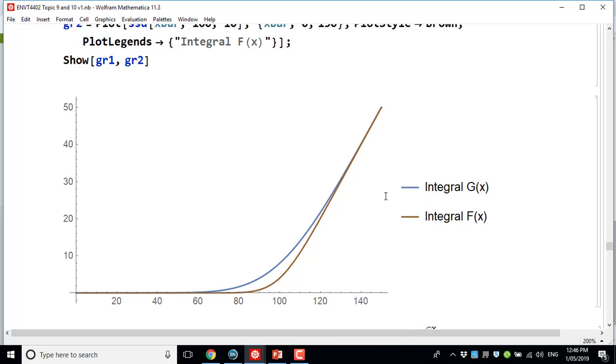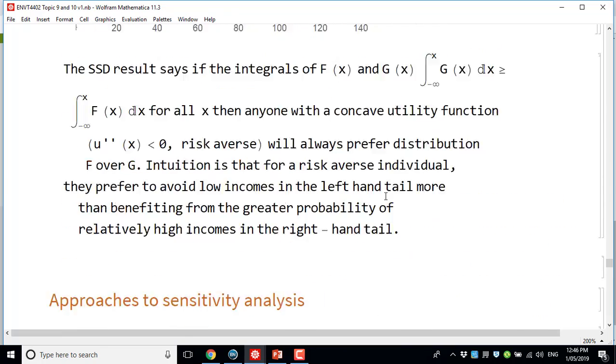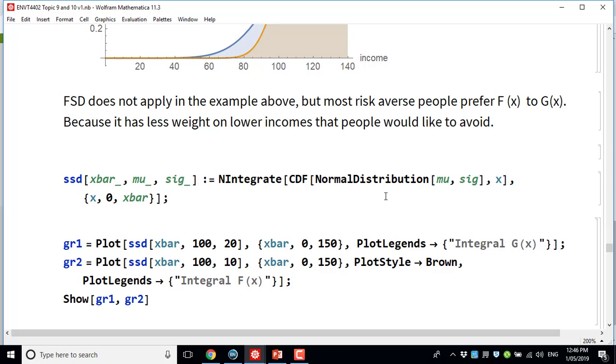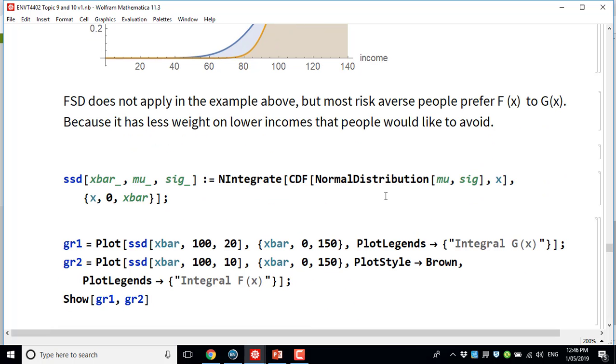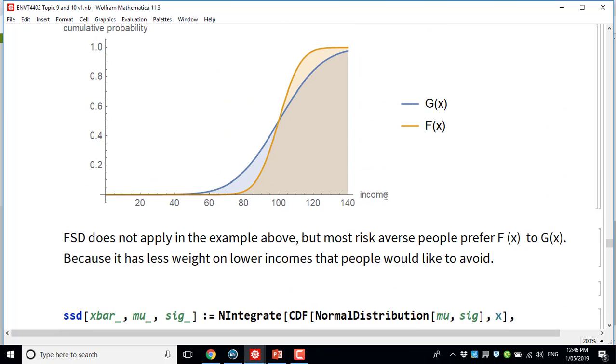Visually this is telling us that the orange one has a smaller number, but this can also be calculated directly: if you give a certain range, you can calculate the area. So let me go back here.